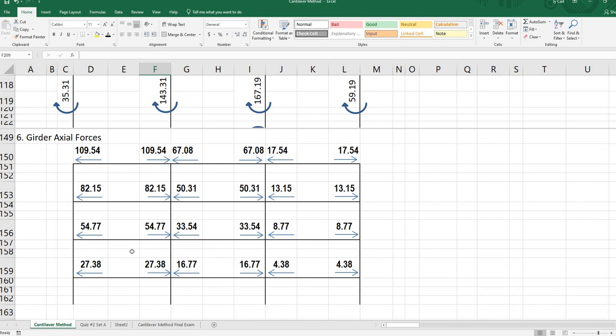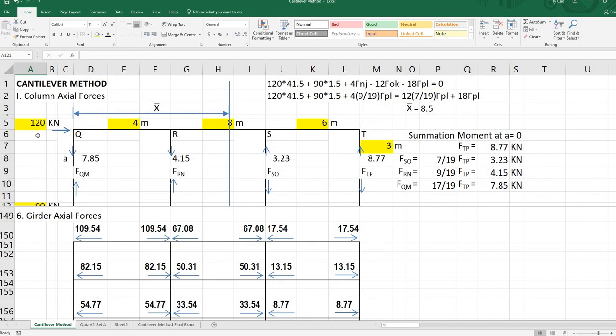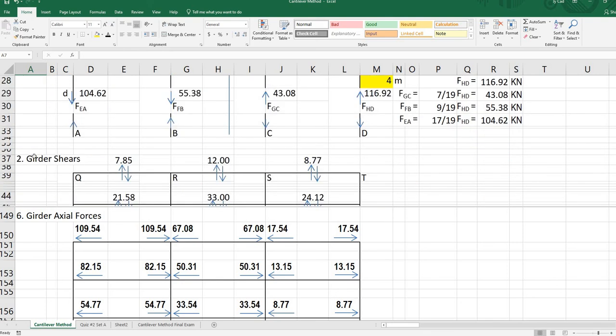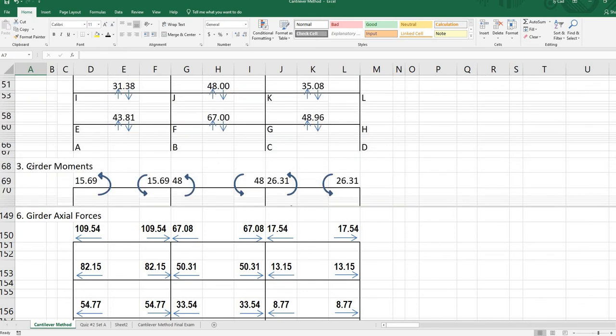Dapat ang masosolve natin sa frame would be 6 lahat. So first, ang una nating na-solve is column axial forces, number 1. Tapos number 2, girder shear. Number 3, girder moments.